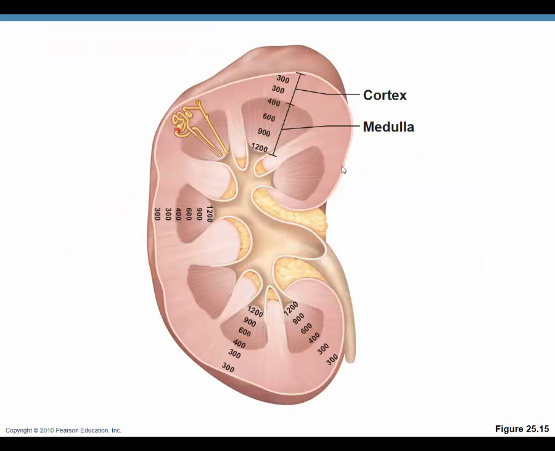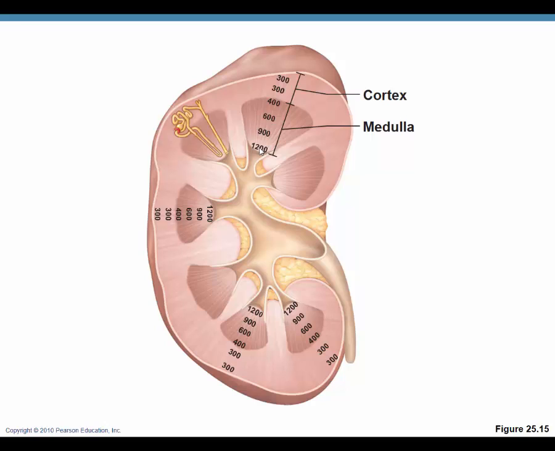What we find is the interstitial fluid is more in balance with the rest of the tissues out here in the cortex. As we get lower down into the medulla at the apex of a pyramid, we see the most concentrated interstitial fluid.